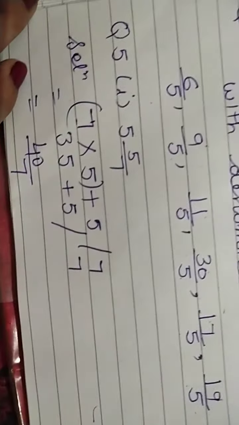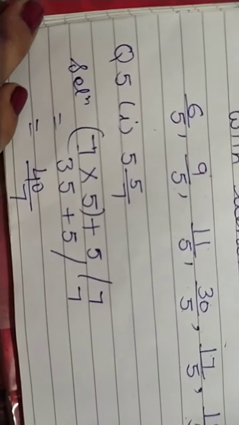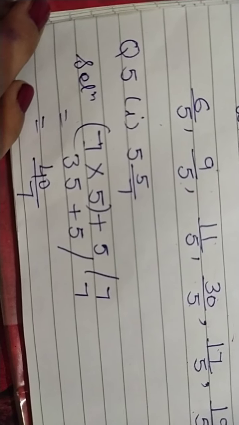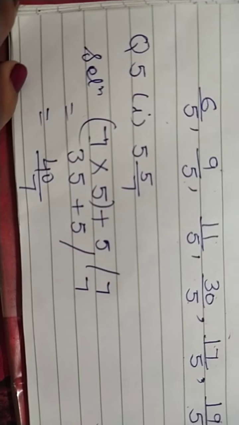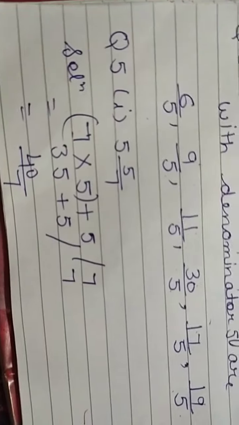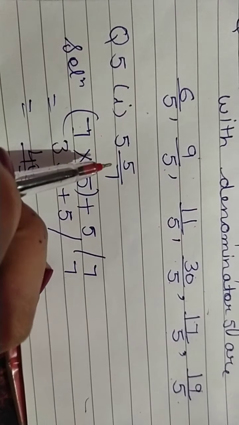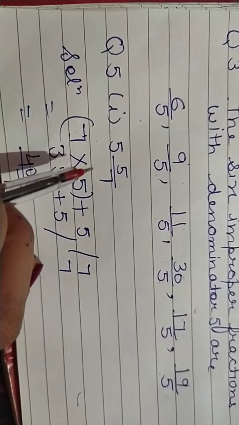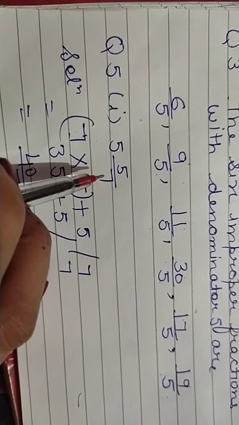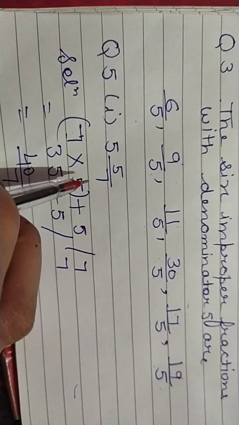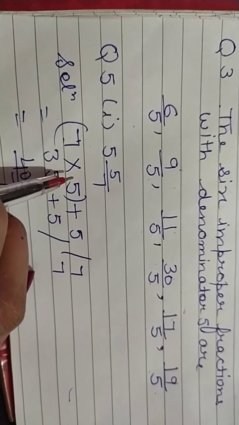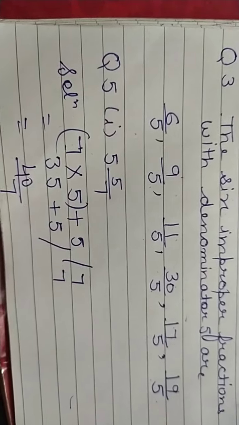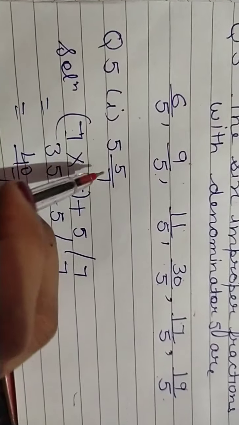In question number 5 we have to convert these mixed fractions into improper fractions. So first of all, to find the improper fraction we will solve this mixed fraction.